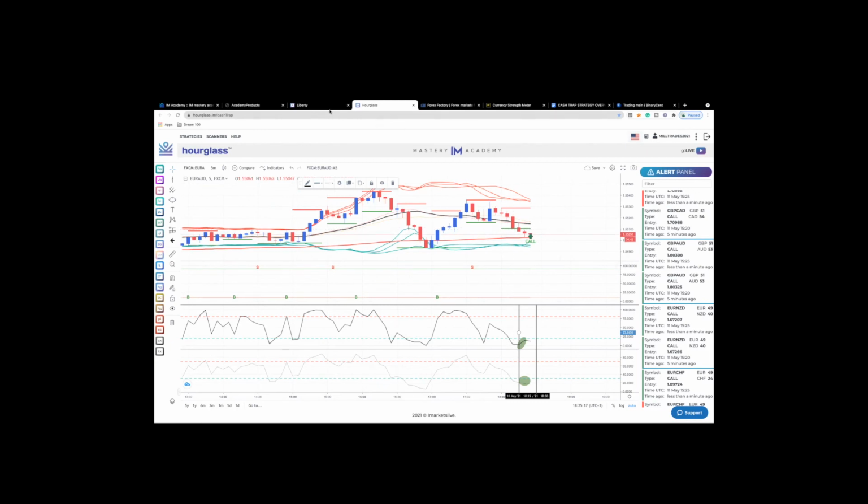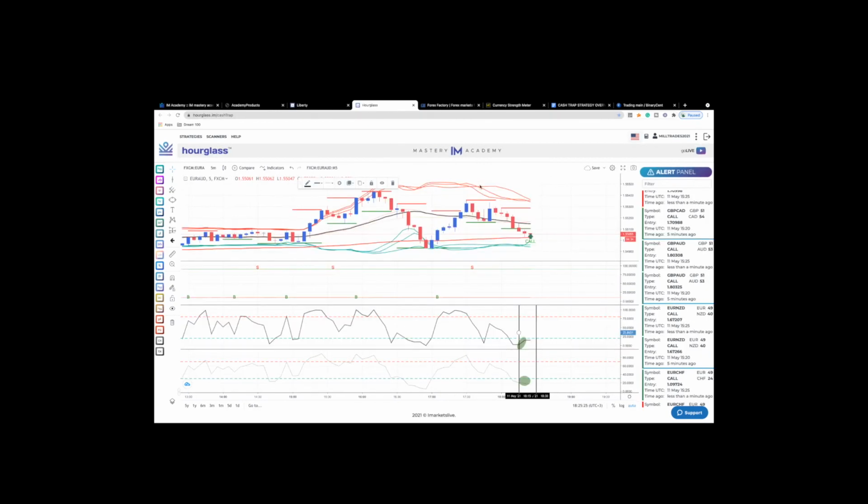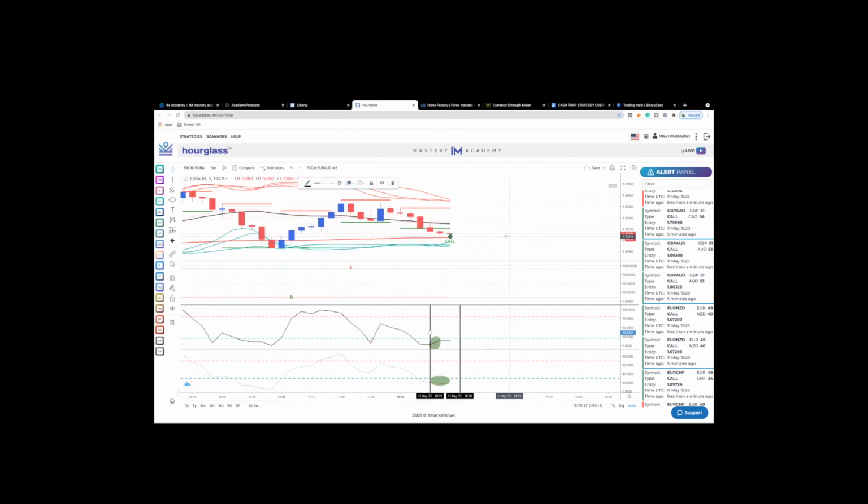I'd pretty much wait for 0.35. It goes down. You guys can do a 1% here if you want. But 0.35 is what it reached before.